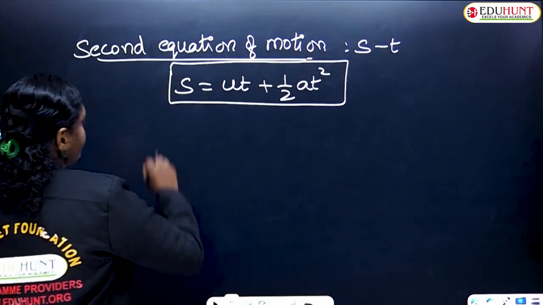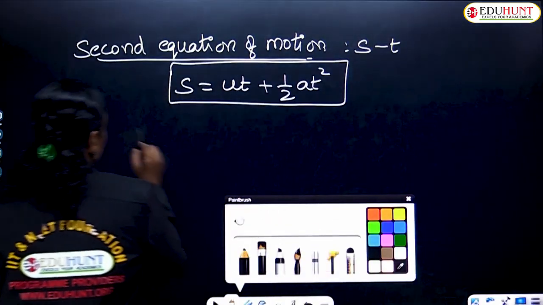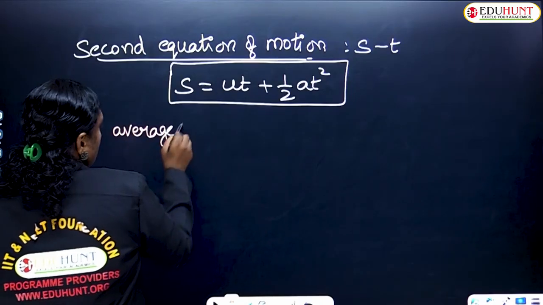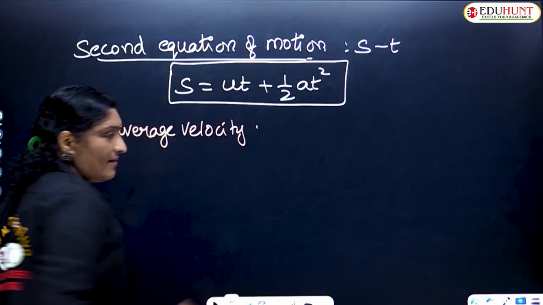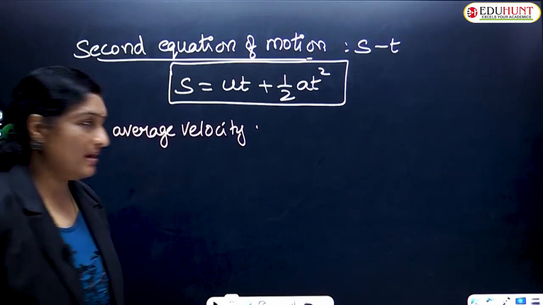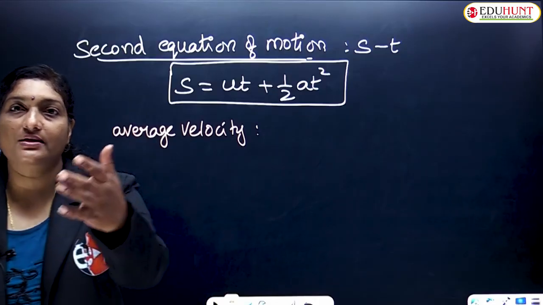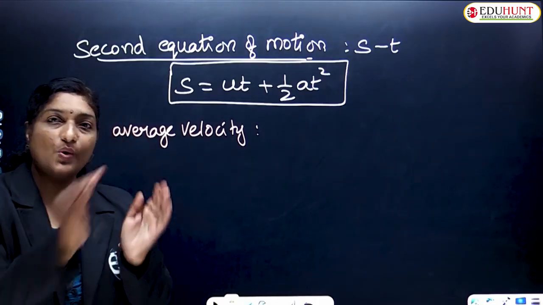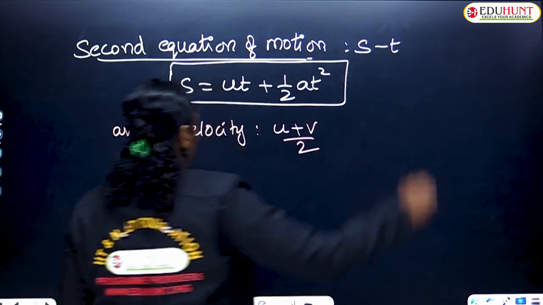So children, we know the average velocity. If u is the initial velocity and v is the final velocity, then the average of u and v is given by u plus v by 2.